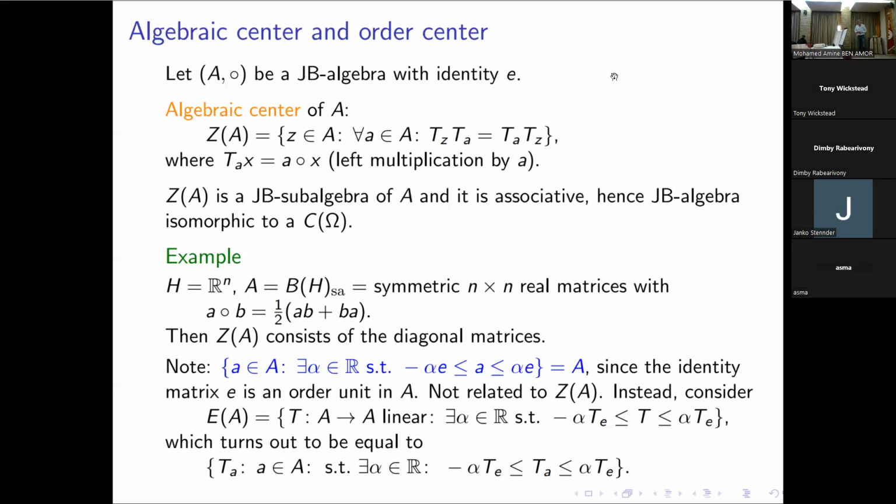That's known to be a JB subalgebra. It is associative, and hence it is also a space of continuous functions. But we don't know yet that it should be the same space of continuous functions as the order center.